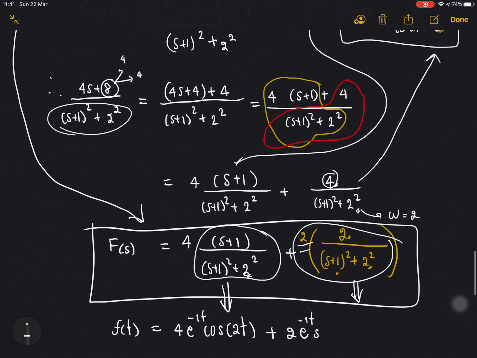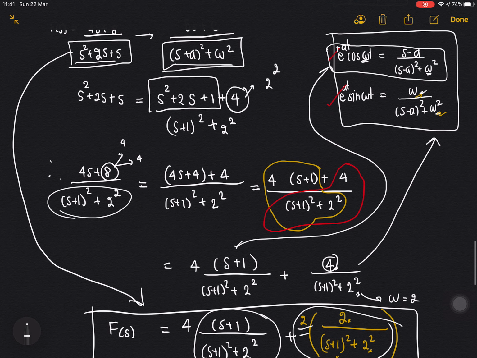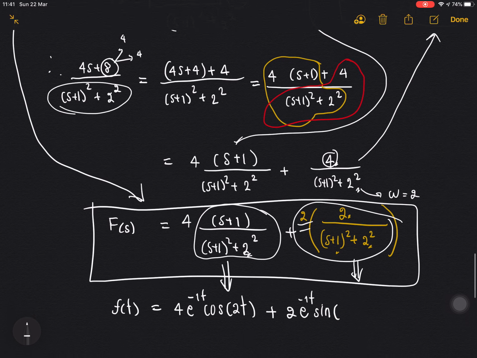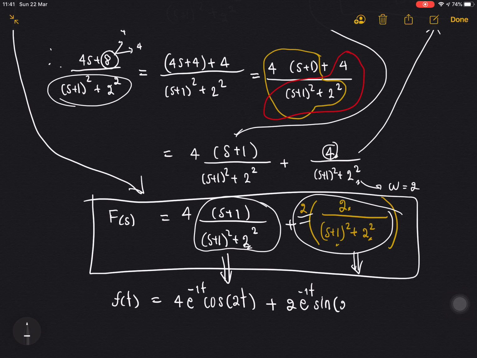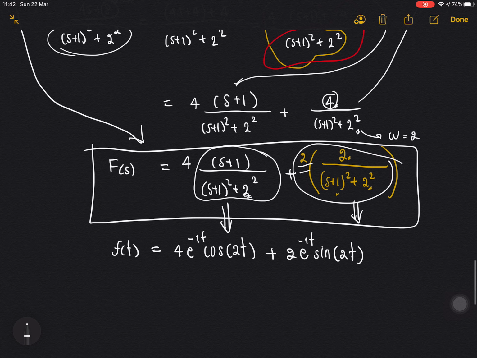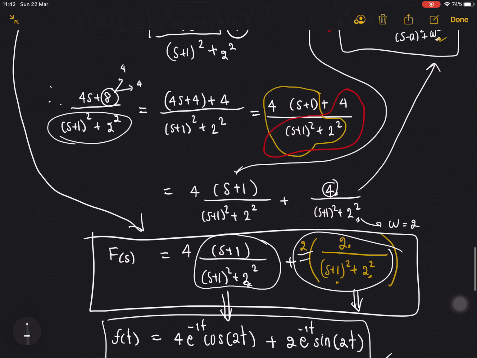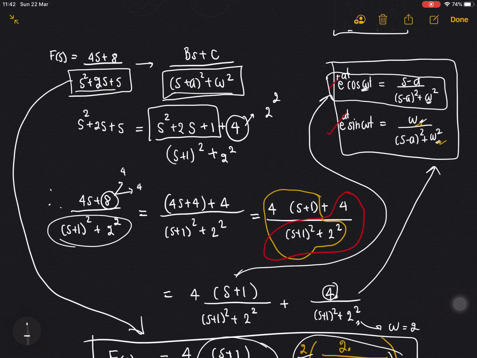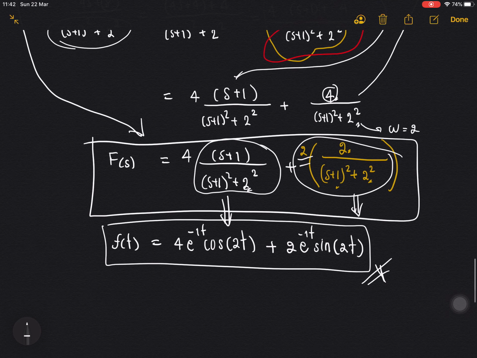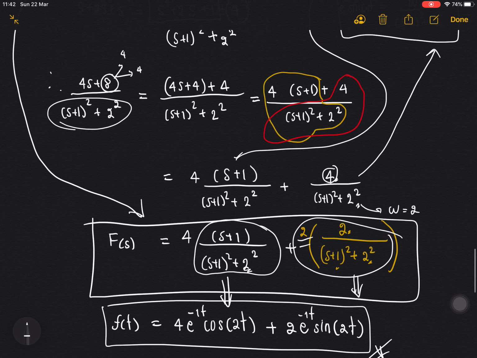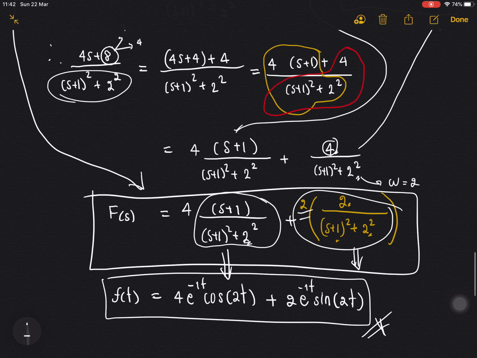So sine of W here, the angular frequency in our case is the value of 2t. So that is the final result for the inverse transforms when you have the complex pole. So you need to express that in terms of the multiplications between the exponential and the trigonometric functions first, and that is how we derive the transform.